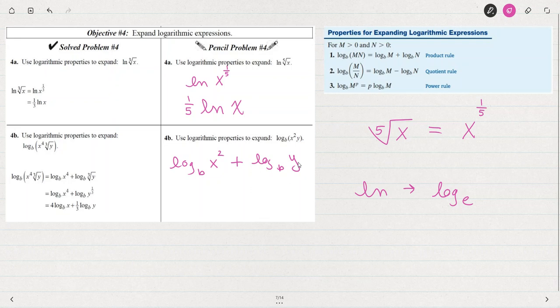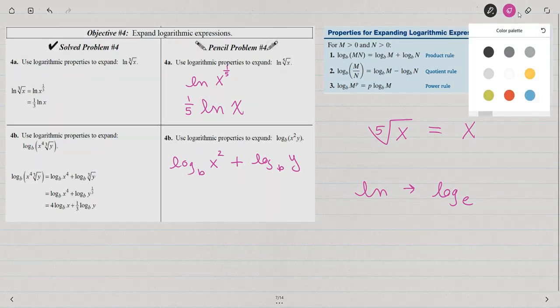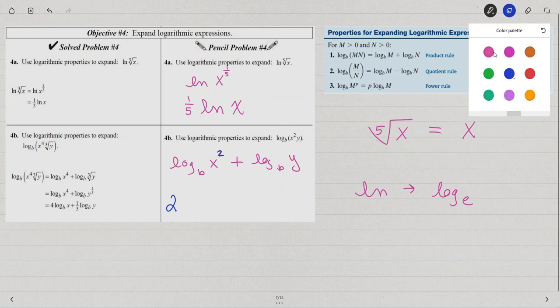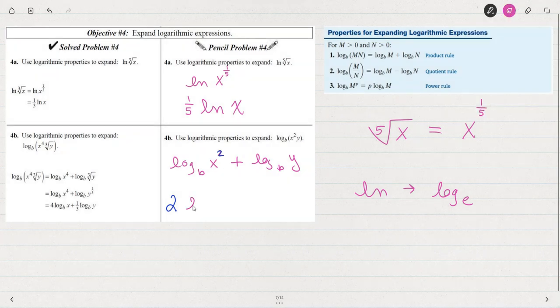But wait, there's more. Did you notice that there was this 2 here? So we could expand this just a little bit further by saying that this is 2 times log base b of x plus log base b of y.